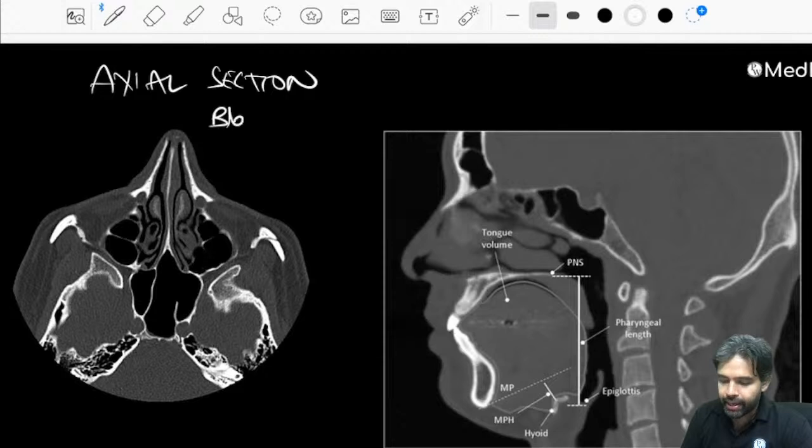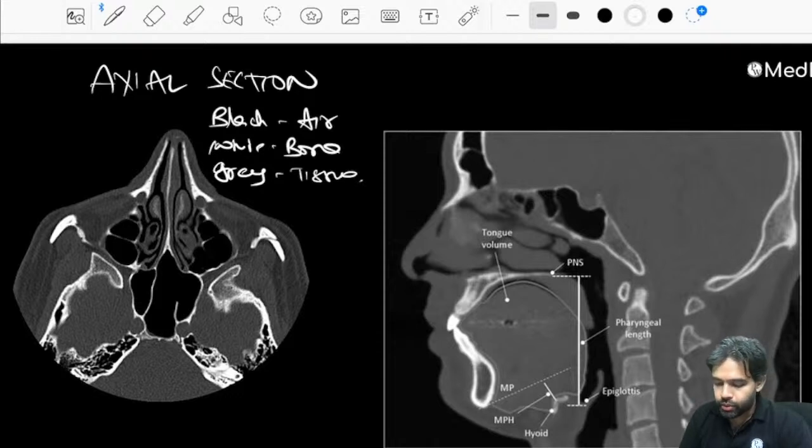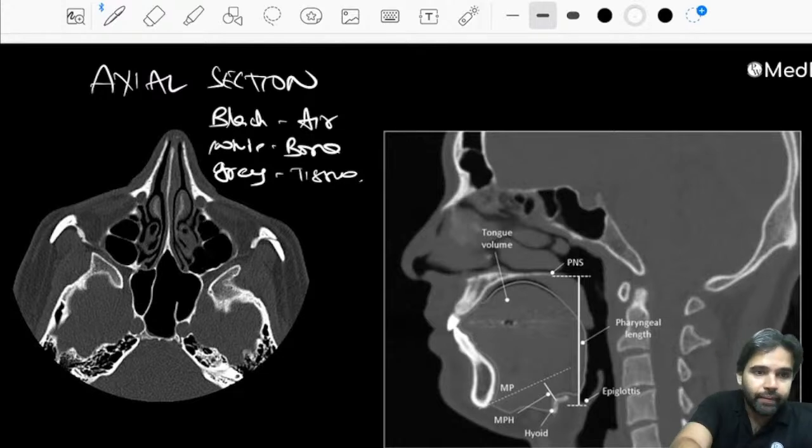Okay, so black is nothing but air or sinuses, white is bone, gray is tissue. Here you can see this view is better for the sphenoid sinuses, and especially if there are adenoids and all of that, this is a good view to have.